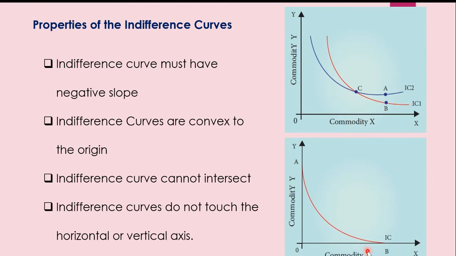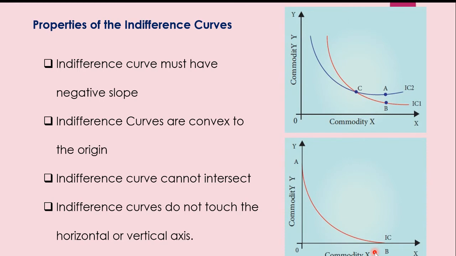If it touches the X axis or the Y axis, it means that the consumer is buying only one commodity. So if the indifference curve touches the x-axis or the y-axis, it violates the basic assumption that the consumer purchases two commodities in a combination.